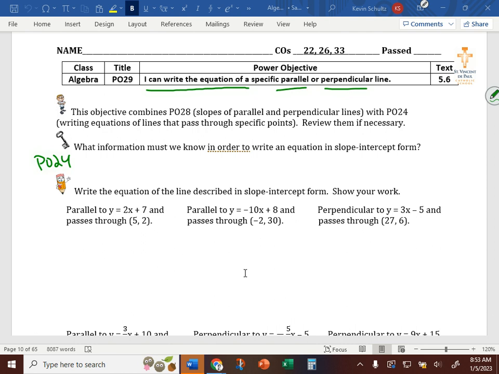You need the slope, and you need the y-intercept. Okay, you need the y-intercept. So when it says slope-intercept form, which recall is y equals mx plus b, you're looking for the m, the slope, and you're looking for the b, the y-intercept.